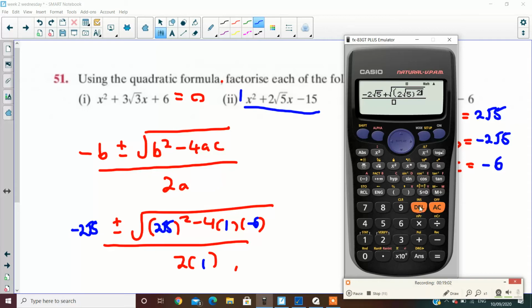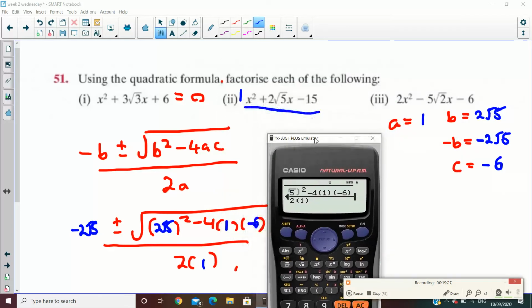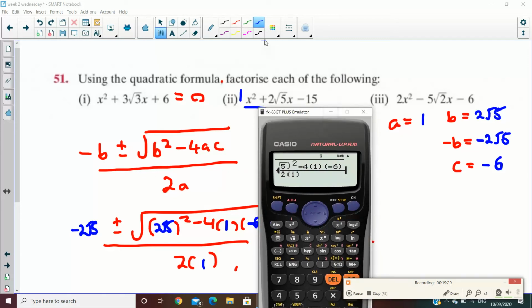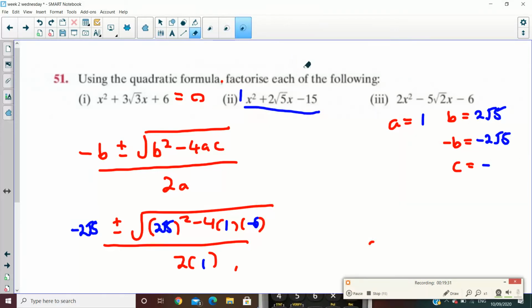You have to press the right button, and then squared minus 4 times 1 times minus 6 all over 2 times 1. And you get... Oh, God. Sorry, C is minus 16. Good man, Aaron. C is minus 15.